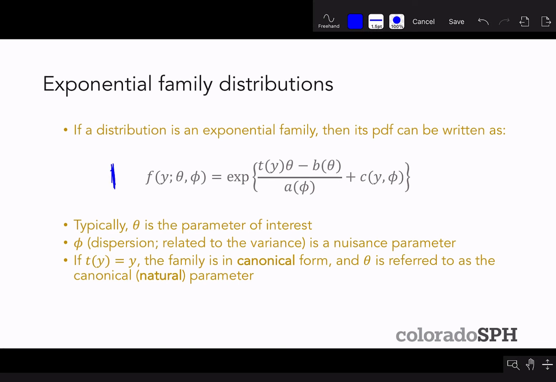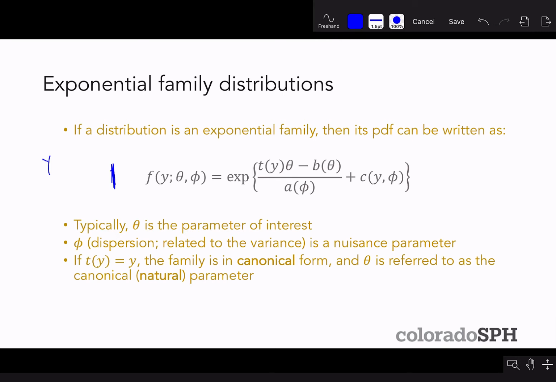If you have a random variable y, and this is a PDF, a probability distribution function, y is said to come from an exponential family if it has parameters theta and phi, and they can be organized such that the PDF is the exponentiated of y times theta, minus some function of theta called b of theta, divided by a of phi, plus a function of y and phi.